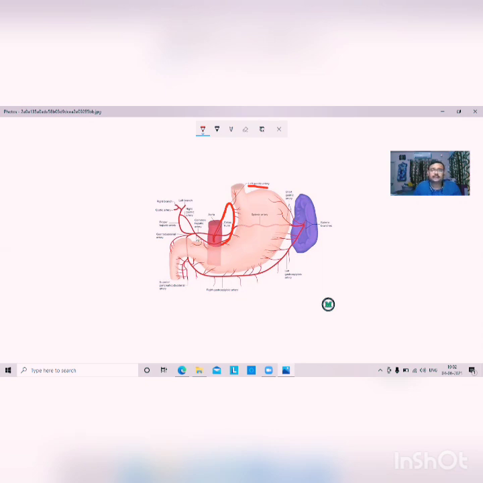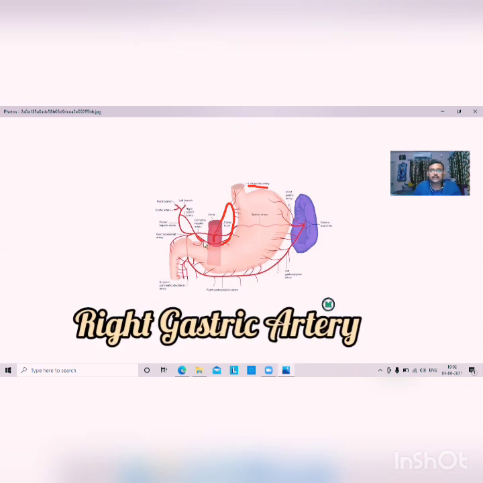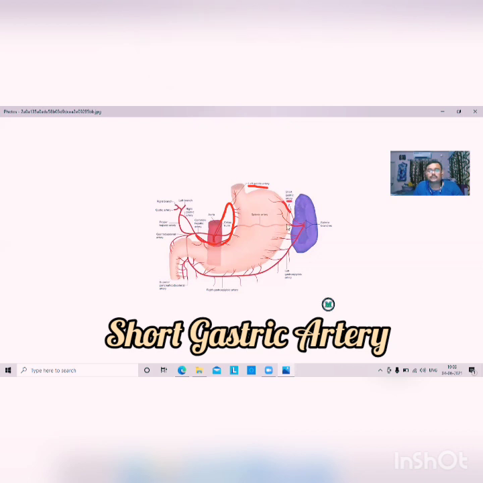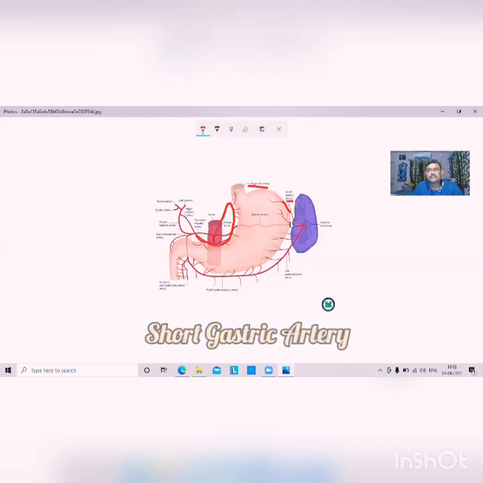The right gastric artery, which is the branch of the common hepatic artery, will also run along the lesser curvature of the stomach and anastomose with the left gastric artery. Along the left border of the stomach, that is the greater curvature, the fundal part will be supplied by the short gastric arteries, which are the branches of the splenic artery.